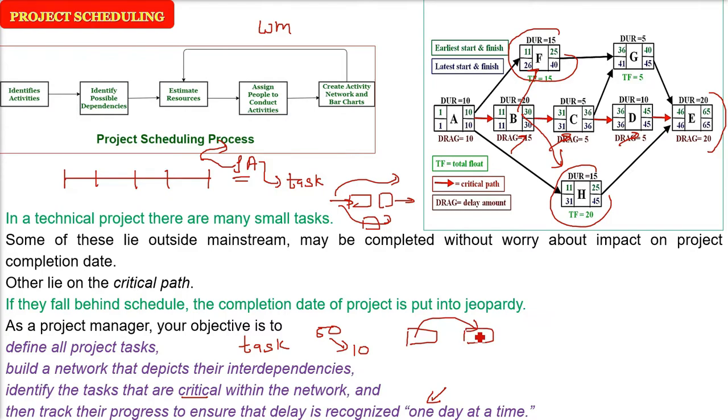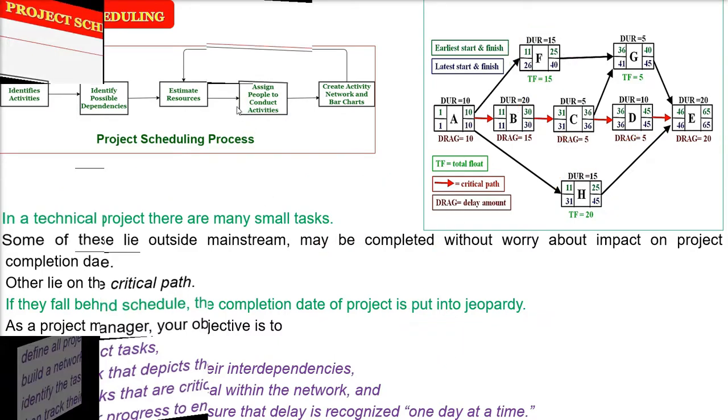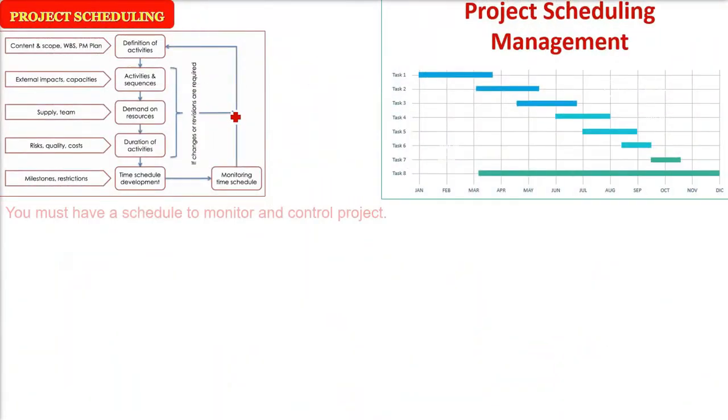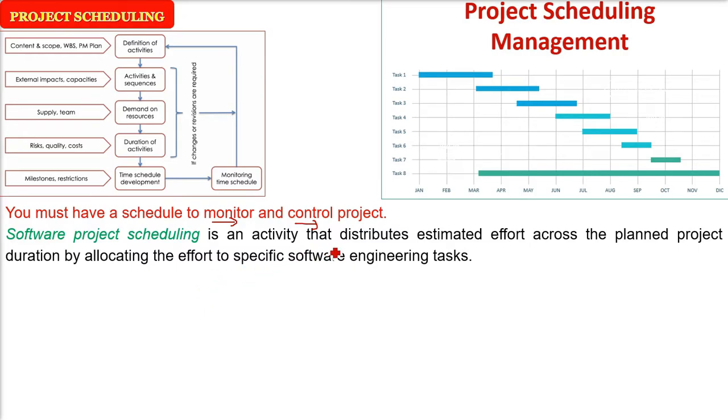Okay. So controlling and tracking is as important as making the project schedule. In project scheduling, you must have a schedule to monitor and control the project. As I mentioned, making a project schedule is very important, but monitoring and controlling is even more important.